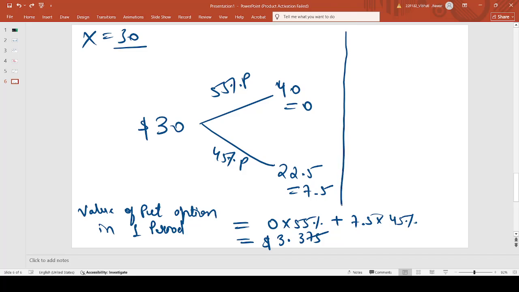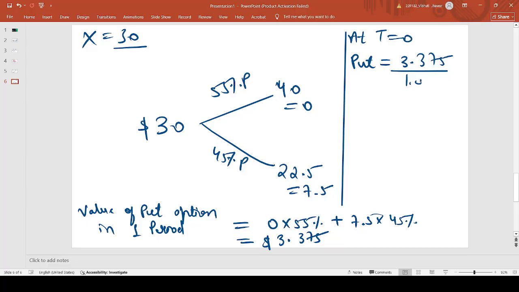Here at T equals 0, the value of the put option would be 3.375 upon 1.07, and this gives us 3.1542. This is the value of the put option.